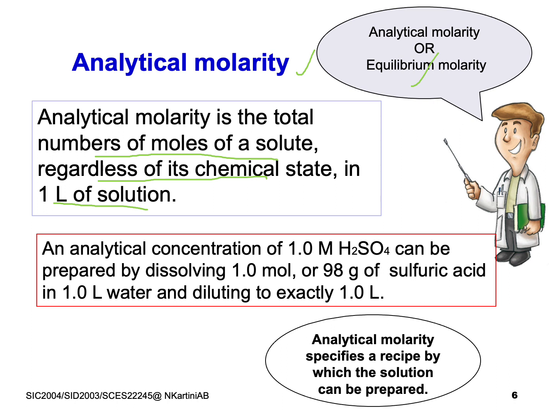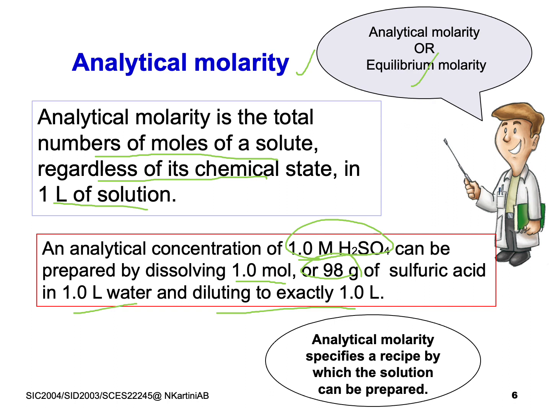So an analytical concentration of 1 molar sulfuric acid can be prepared by dissolving 1.0 mole or 98 gram of sulfuric acid in water, diluting to the exact 1 liter using a 1 liter volumetric flask. That's it.